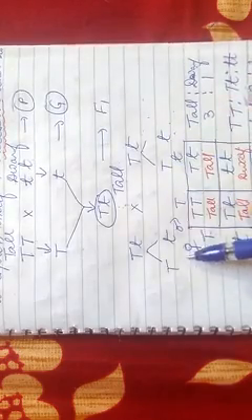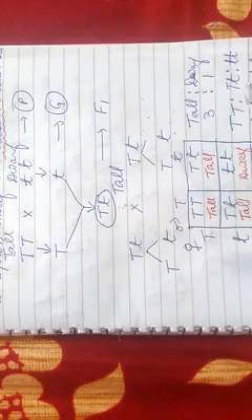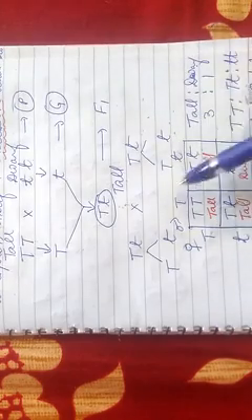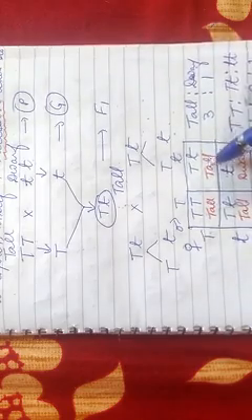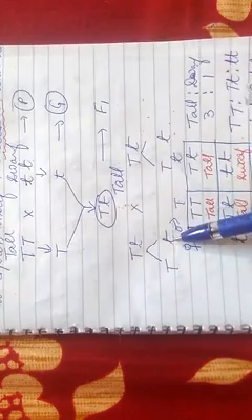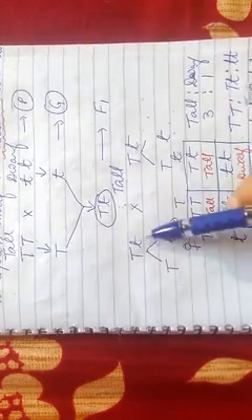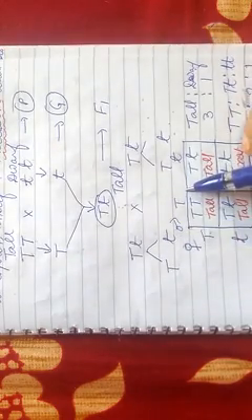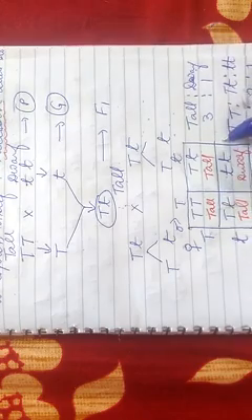Okay, now in order to show the random fusion, I have drawn a checkerboard like this. And in this checkerboard I have to draw a number of boxes. So these number of boxes actually correspond to the number of gametes produced. Since each parent produces two types of gametes, I have made two vertical columns and two horizontal columns.